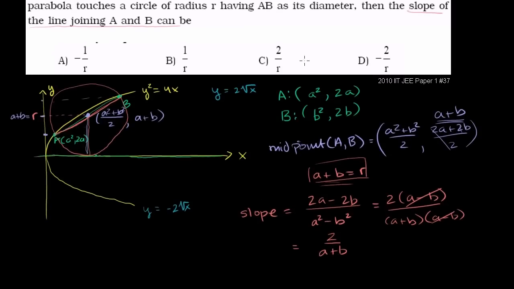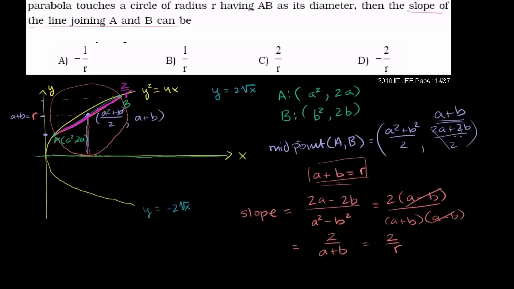Now, that's clearly not one of the answers. We need our answer in terms of r. But we just figured out the y-coordinate of the midpoint, which was a plus b. That is equal to r. So this is the same thing as 2 over r. So the slope of this line right over here is 2 over r.